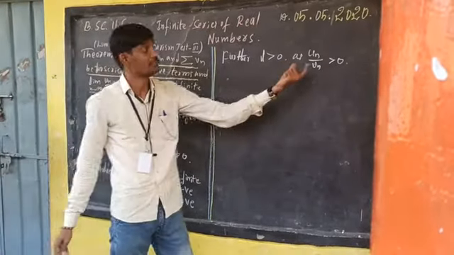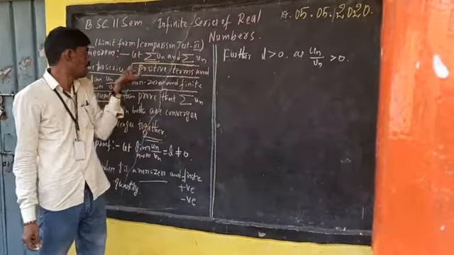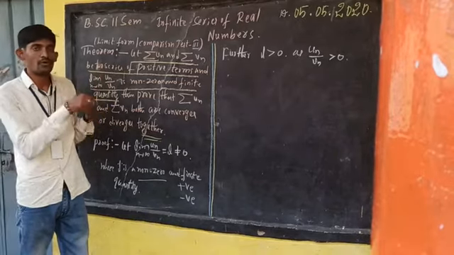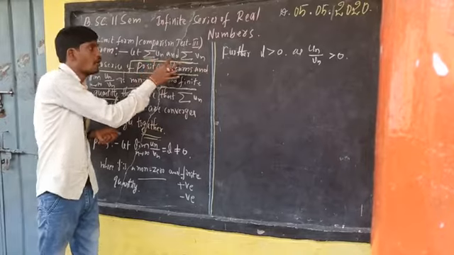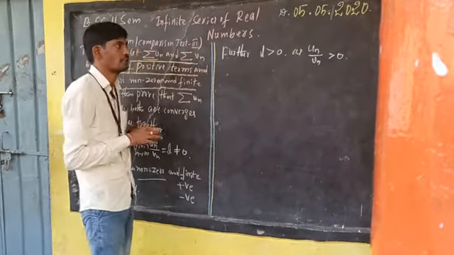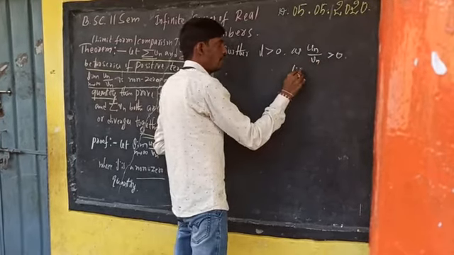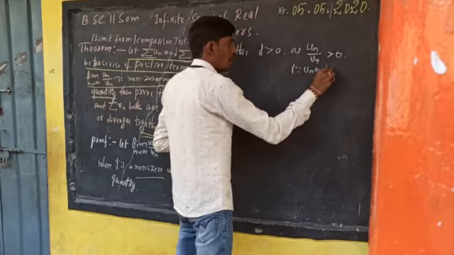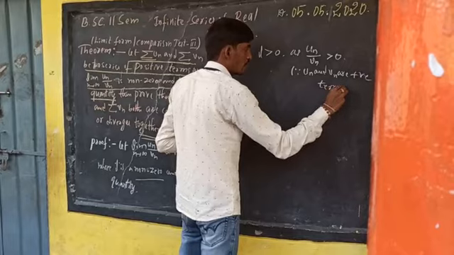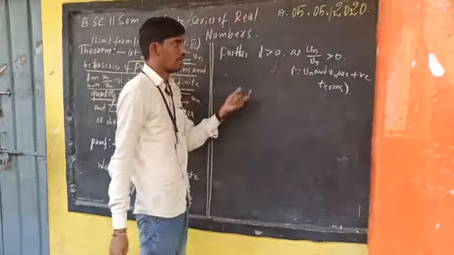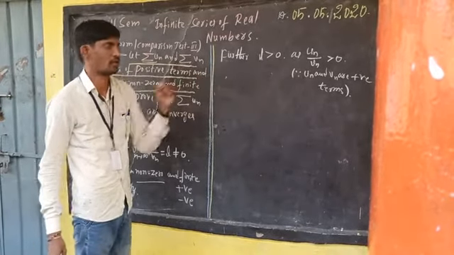Why is it positive? Because in the given data, summation un and summation vn are two series of positive terms, so all the terms of both series are positive. Positive by positive is positive. Since un and vn are positive terms, the limit is also a quantity not equal to 0, and it is positive.